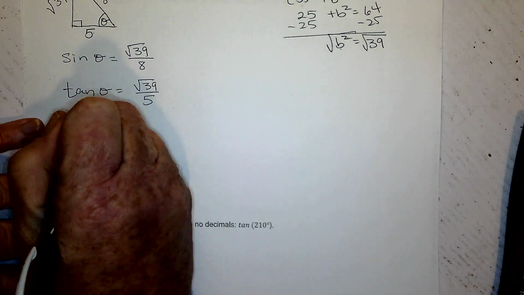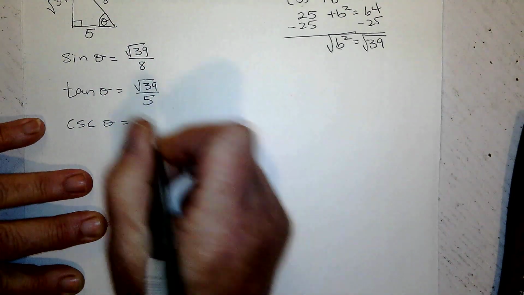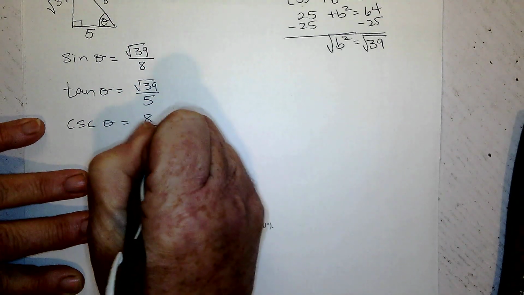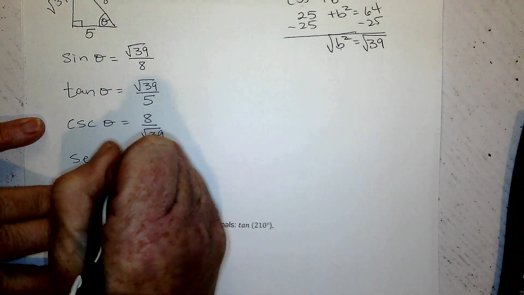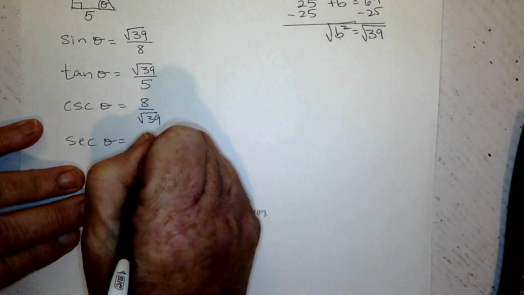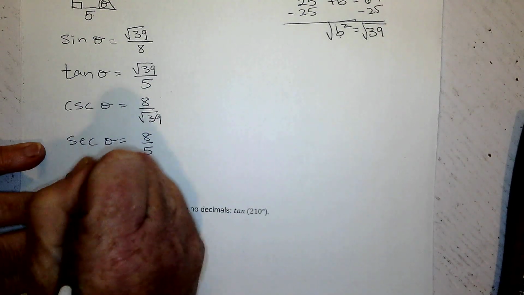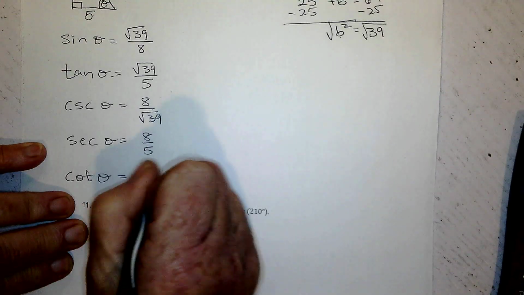I'm going to find the cosecant, which is the reciprocal of sine. Secant is the reciprocal of cosine, so 8 over 5. And lastly is cotangent, is the reciprocal of tangent.